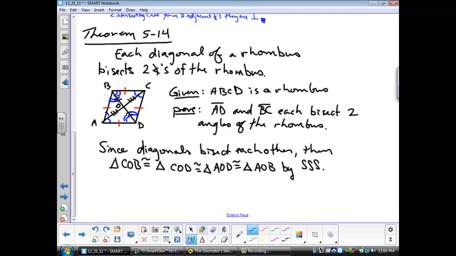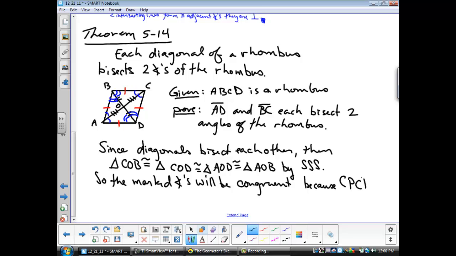So the diagonals bisect each other, so the triangles are congruent by side, side, side. This means that these angles that are marked are congruent, because they're corresponding parts of congruent triangles.